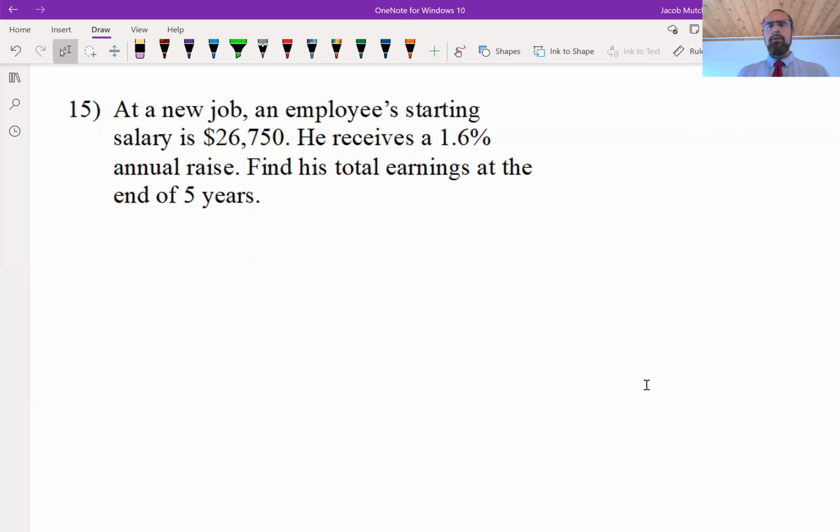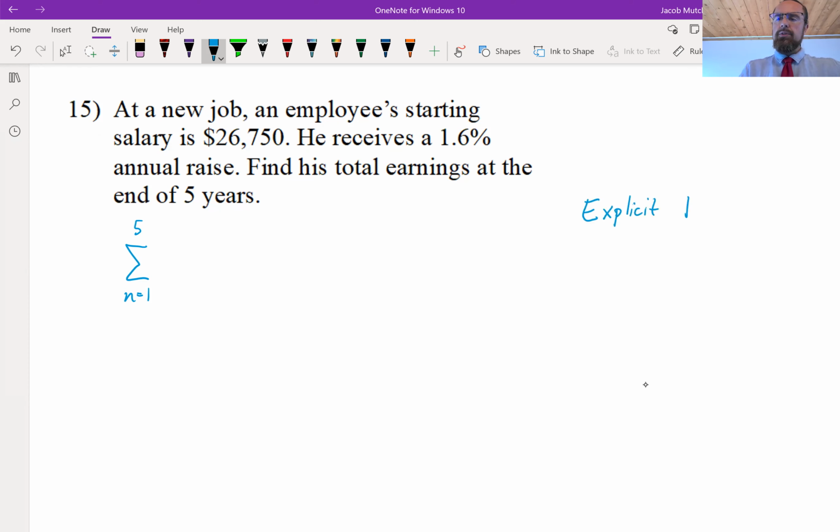So I do want to include a sigma notation expression to represent this situation. So we're calculating from the first year, so n equals 1, to the 5th year. So that'll tell me my index. And then I want to write an explicit finite geometric formula that I can use in my sigma notation.